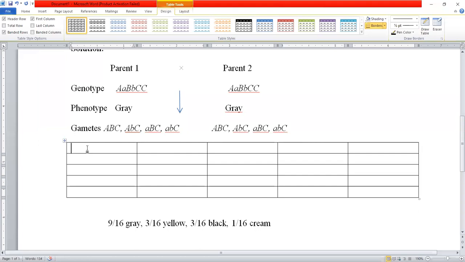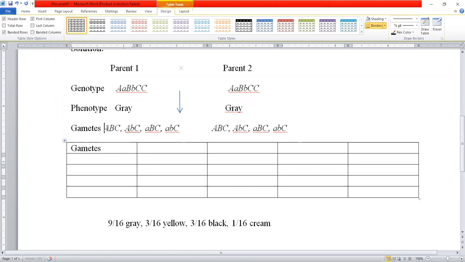Write the gametes of the first parent in these columns and the second parent in the rows.